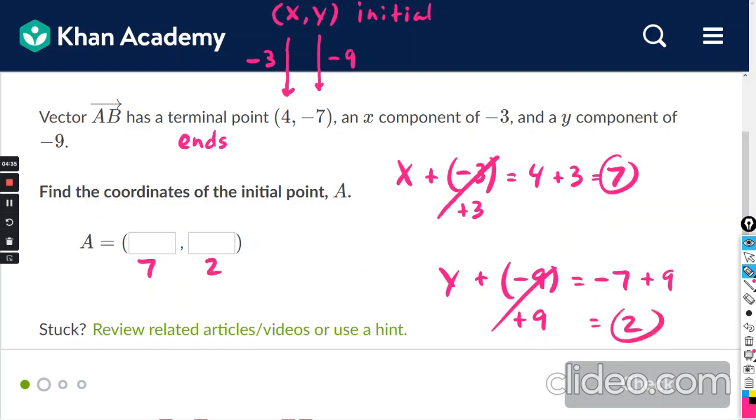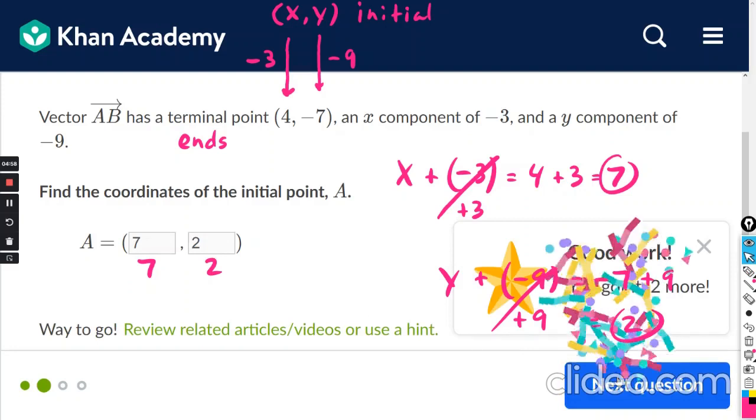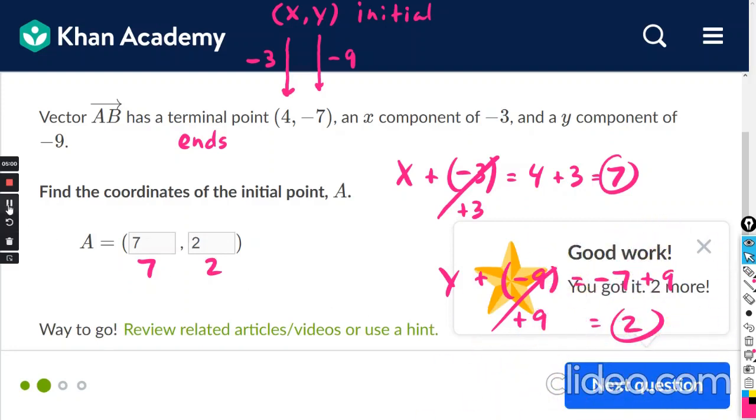So that's it. Basically, they gave us the endpoint and the components of the vector, which are added to the initial point. So we just had to work backwards here. So click inside the box, +7 and +2.